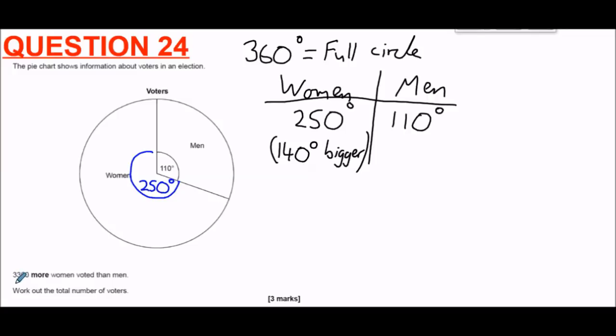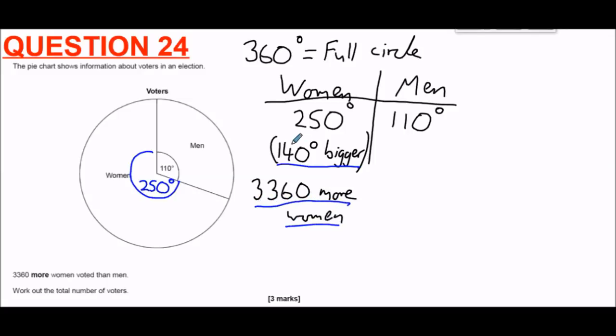And we're told that 3,360 more women voted. And so the amount by which this pie chart is bigger, 140 degrees bigger, will equate to how many more women voted.